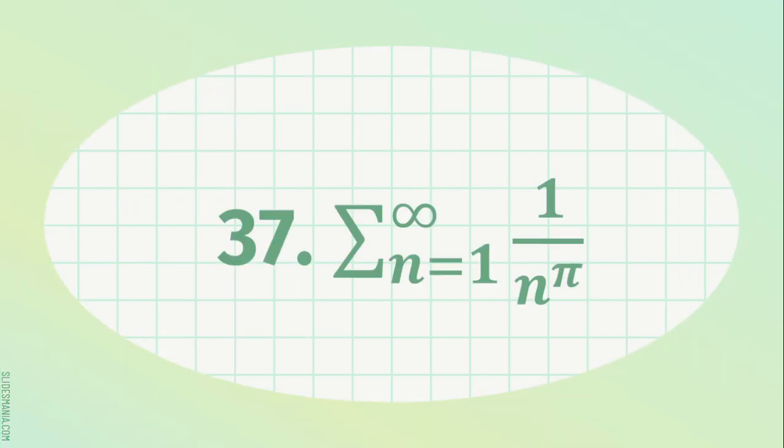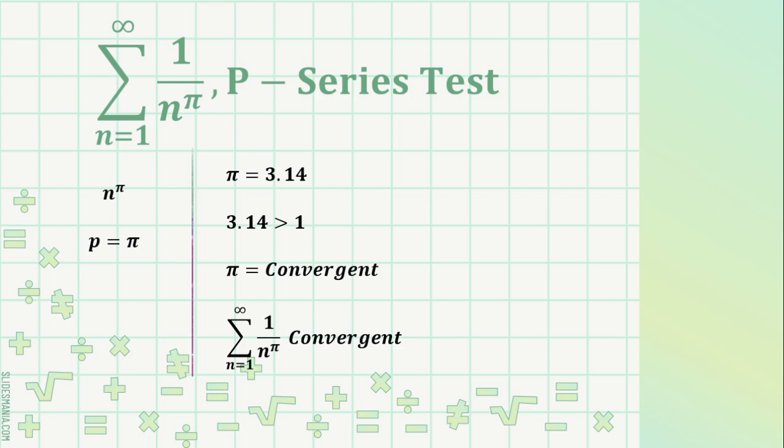And then number 37, 1 over n to the power of p, with n starting from 1 to infinity. In this case we use the p-series test. We just need the denominator, n to the power of p, so we just need the p.